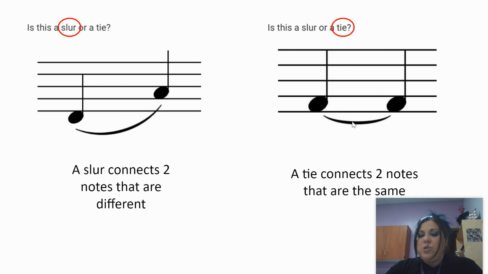These 2 symbols are tricky because they look exactly alike, except this curved line connects 2 notes that are different. This curved line connects 2 notes that are exactly the same. They're in the same space. When it connects 2 notes that are exactly the same, it's a tie.